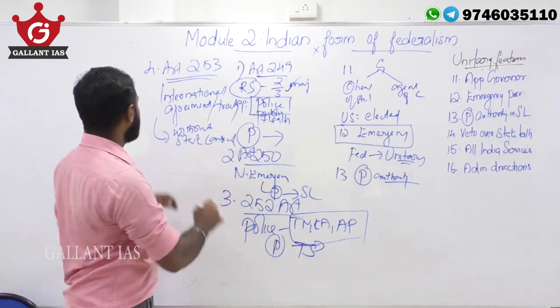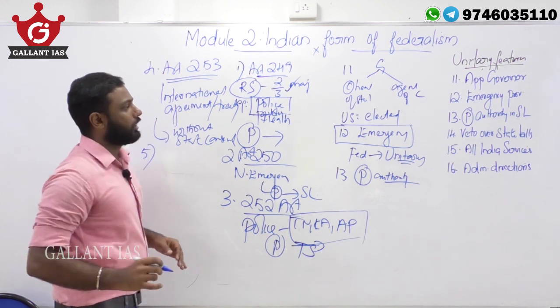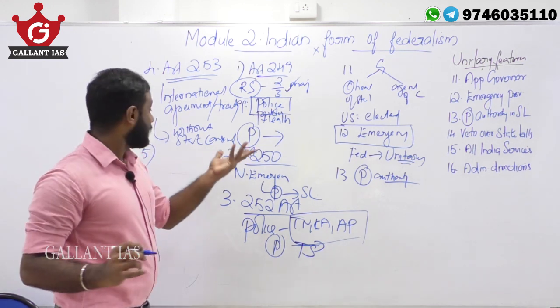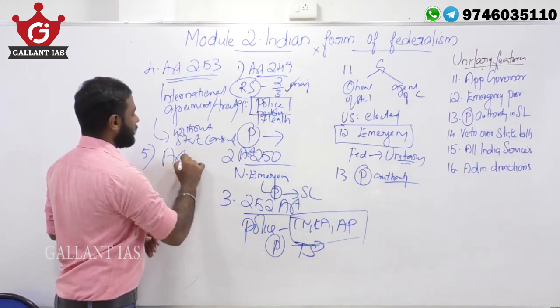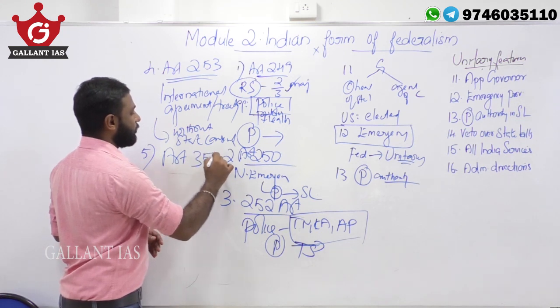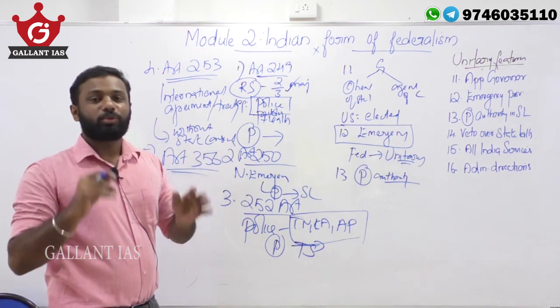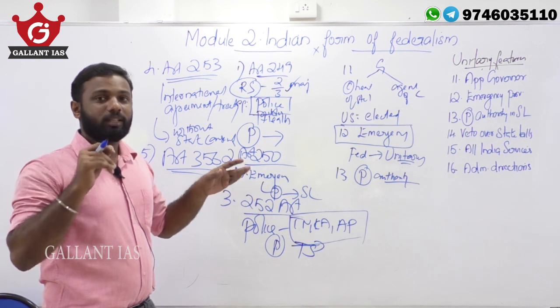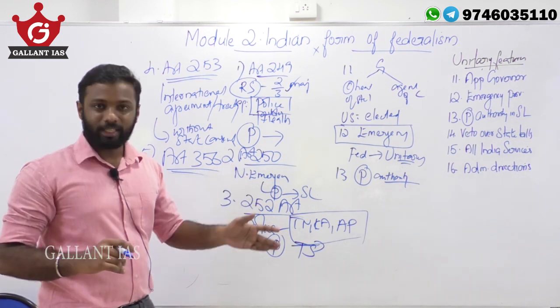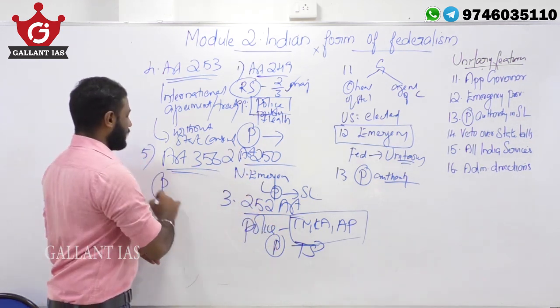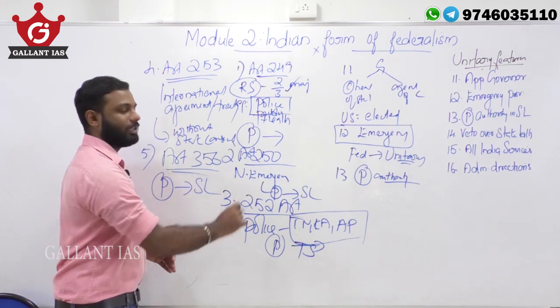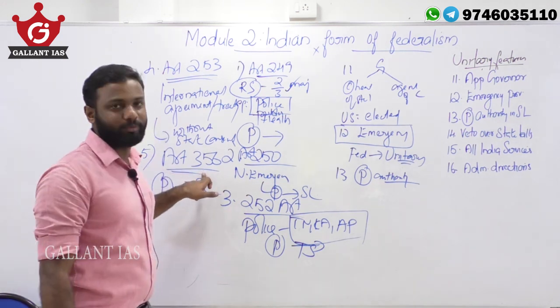Okay. The fifth condition is during presidential rule. So when President's rule is imposed in a state, at that time also the Parliament can make law on the state list. It is said under Article 356.